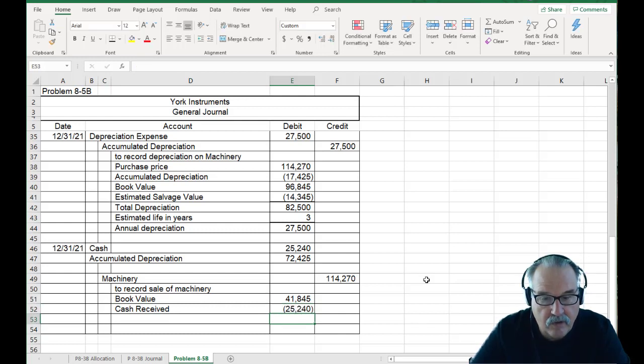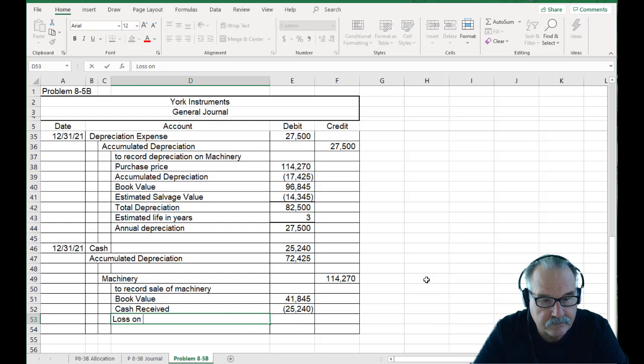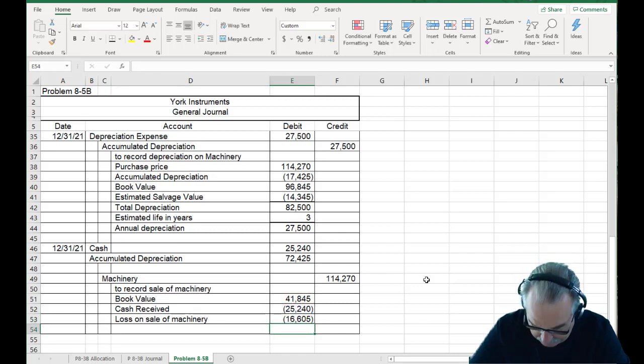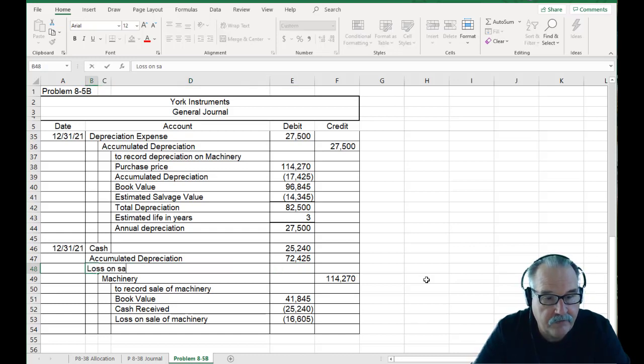So we have a loss. $16,605 is the correct number, and that will be a debit loss on sale of machinery.